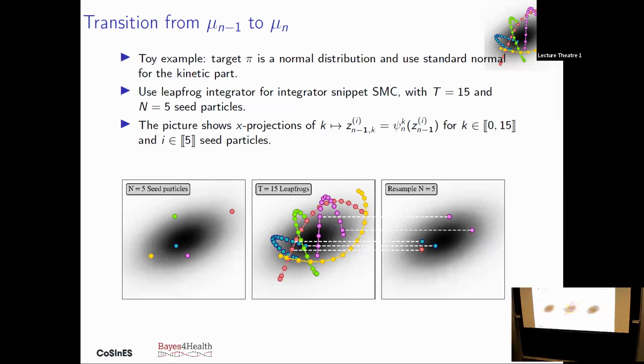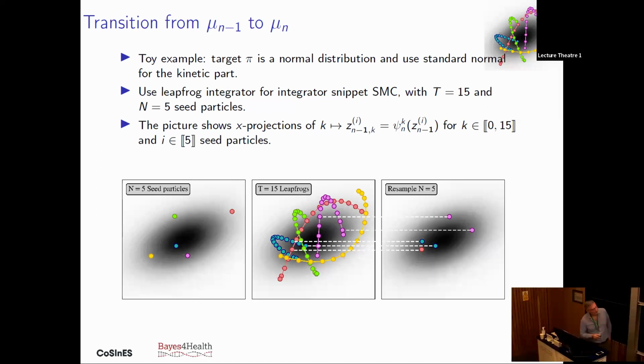So it's not unlikely that you're going to reject this point if you just look at the endpoint. And here there's a resampling selection mechanism, and you see that the purple snippet gives rise to 2 seed particles. A bit of notation: this is particle I, the seed particle index, and K is your index along the snippet.